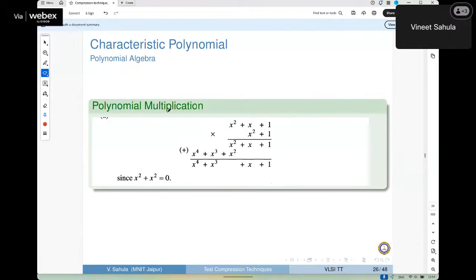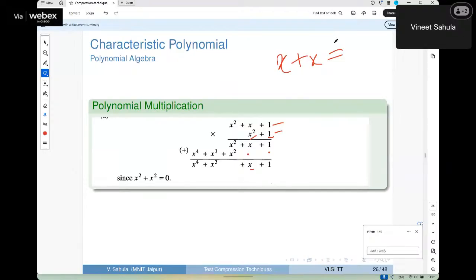Before that, we'll go through modulo 2 polynomial arithmetic, algebra. So you have to multiply this polynomial with this polynomial. This 1 means repeated. X square means multiplied, and x square repeated, right? And add it. There is 0, 0 here, so they will appear. And what is x plus x?